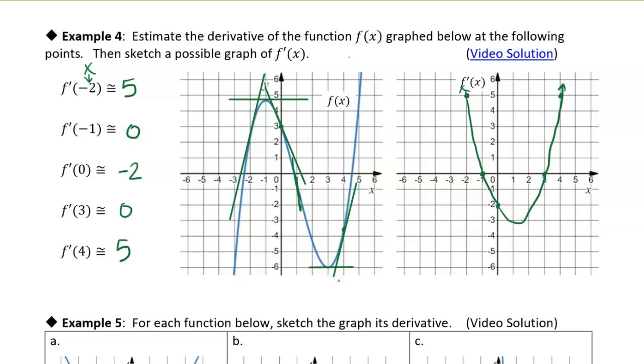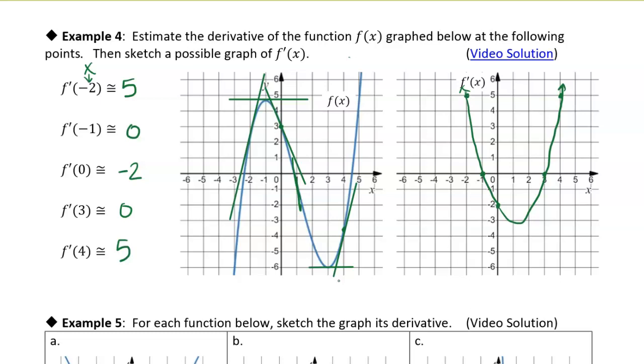So that's where it's going to cross the x-axis. So that's one way to sketch the graph of the derivative of a function, but we don't have to get all that specific about the actual values of the derivative in order to sketch the graph of a function.